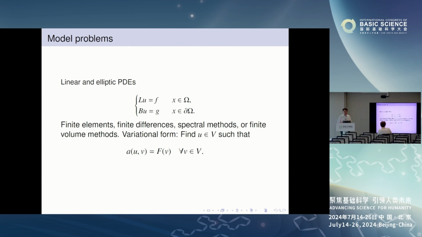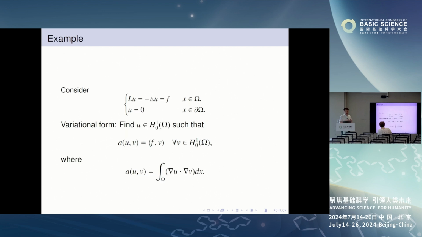We can use finite difference, finite elements, spectral methods or finite volume methods to approximate these partial differential equations. First of all, you should give the variational form using the Green formulation or another formulation. For example, u belongs to V, some Sobolev space. For a second order equation, V is the H1 space, and you get this variational form.